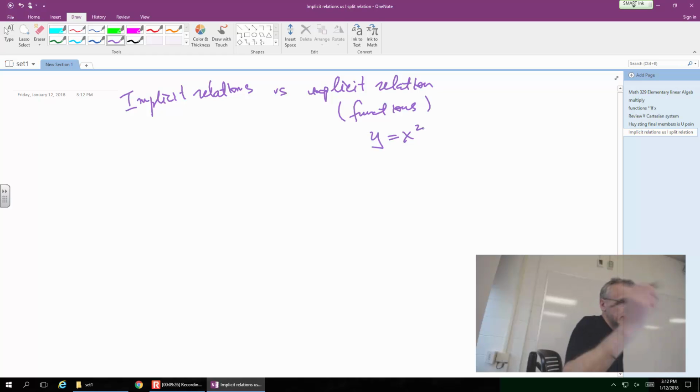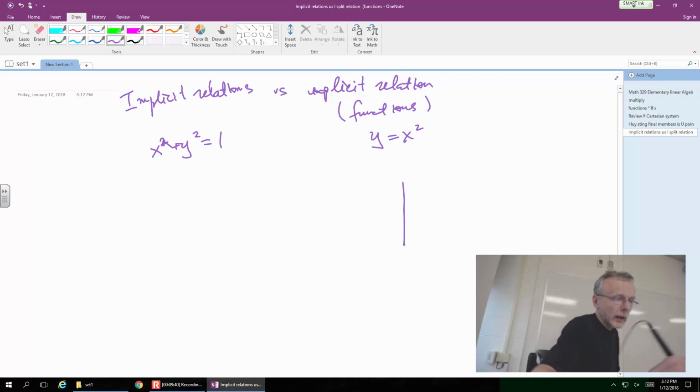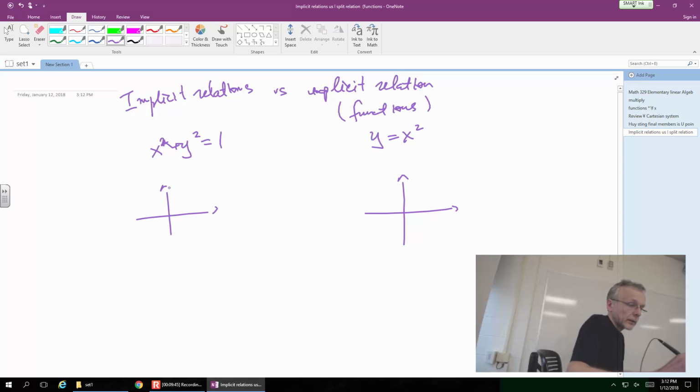Suppose it's nonlinear for the time being. x squared plus y squared equals 1 is an implicit relation. So there's a relation between x and y, but it is not as explicit as a function. At best we know that it is a circle.